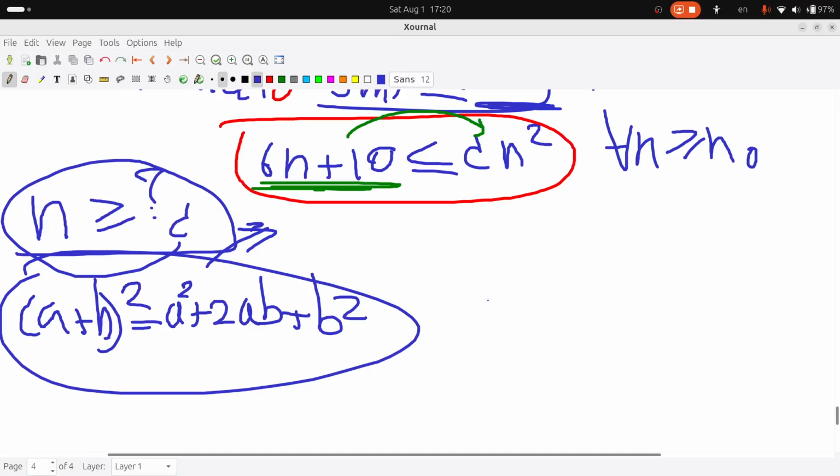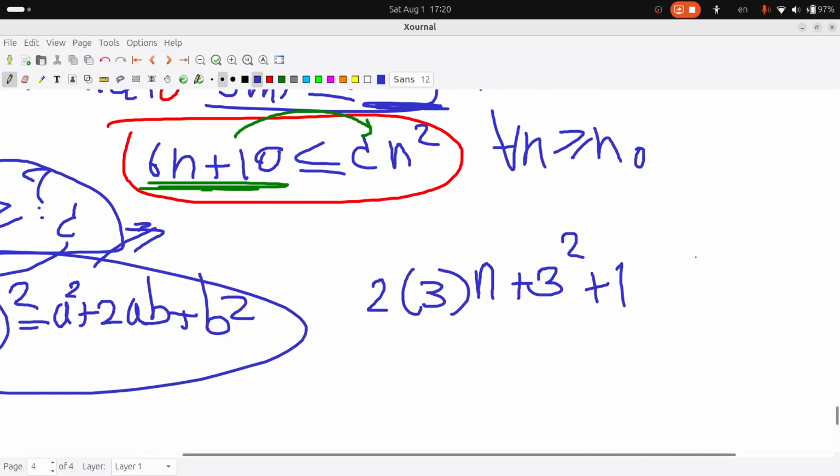So what we are going to do, we write 6n plus 10 less than or equal to cn squared. So this is what I'm going to write.